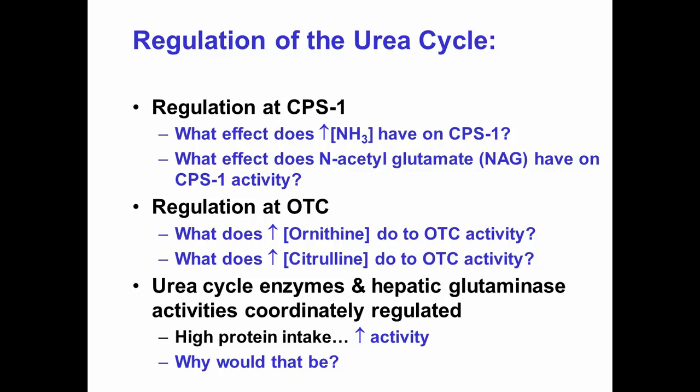Okay. So again, it starts with the fact that NAG is an allosteric activator of CPS1. So we have to have that N-acetyl glutamate around. One of the ways that the body makes sure that happens is that under conditions when you have active urea synthesis going on, you're going to have a high concentration of arginine in those cells as we go through the cycle.